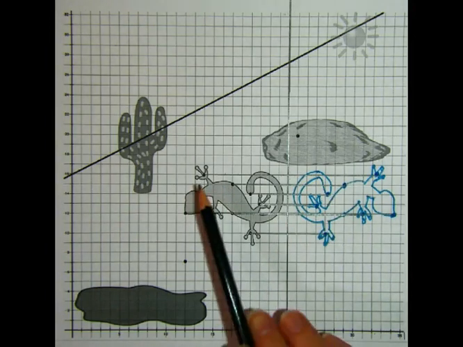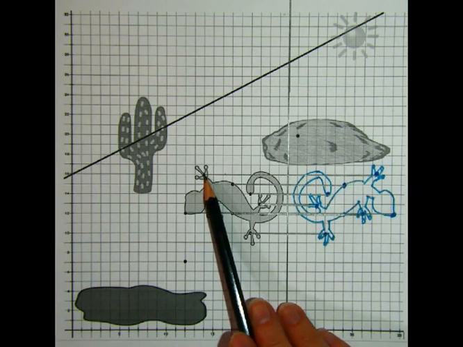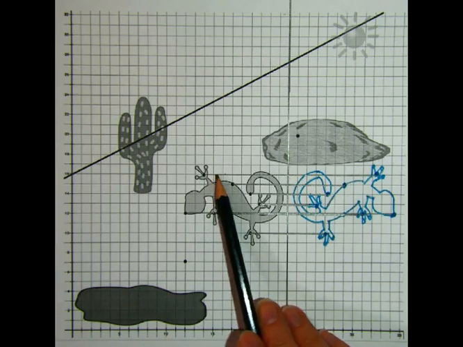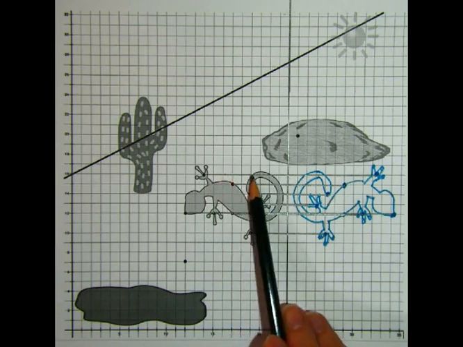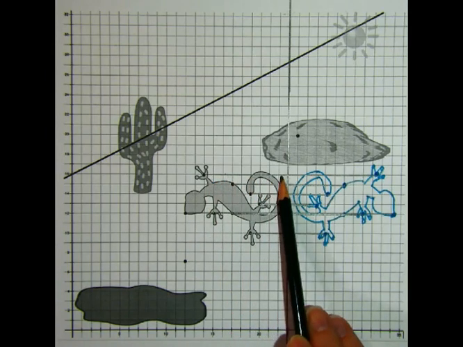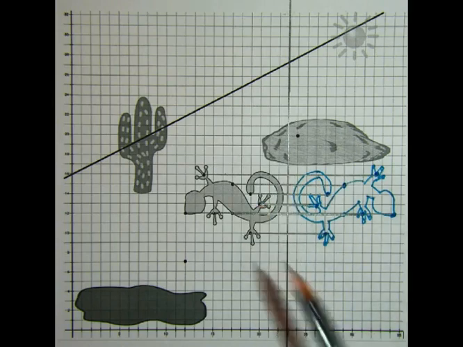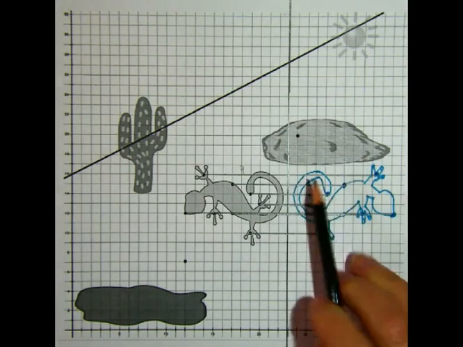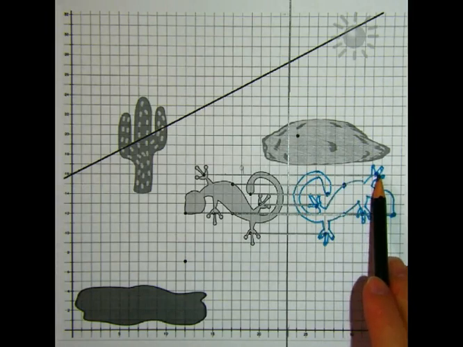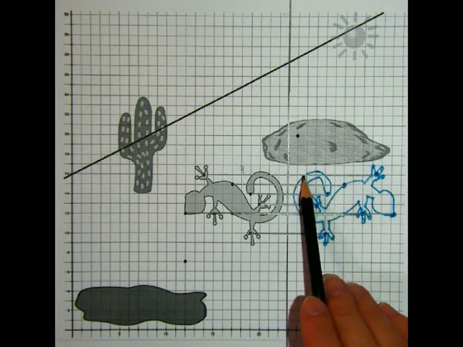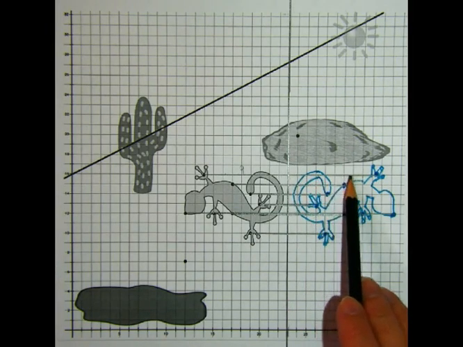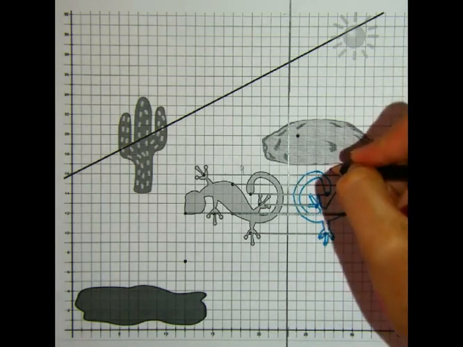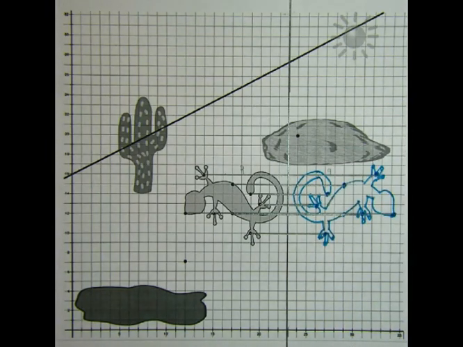So if we look at the point on the lizard's foot, it is 1, 2, 3, 4, 5, 6, 7, 8, 9 units from the line of reflection. And the corresponding image point is 1, 2, 3, 4, 5, 6, 7, 8, 9 units from the line of reflection.